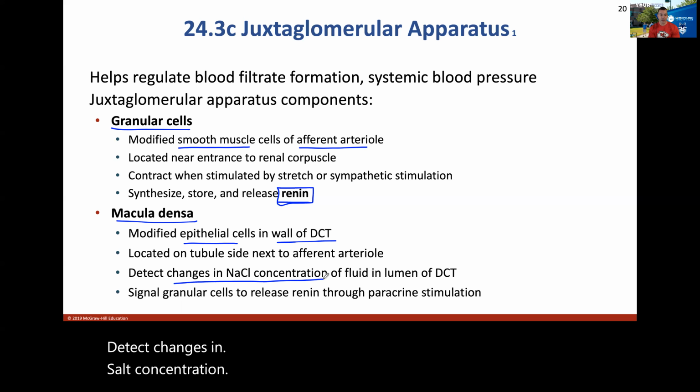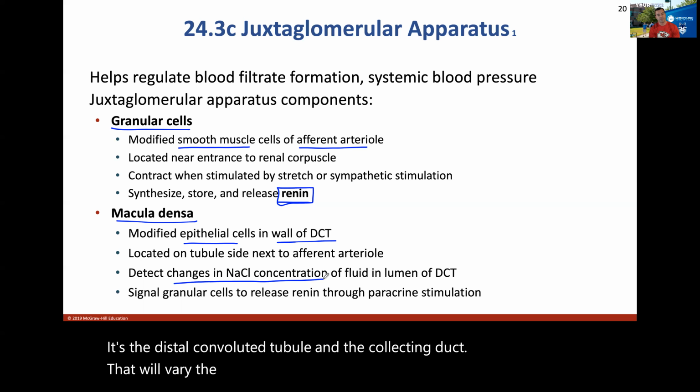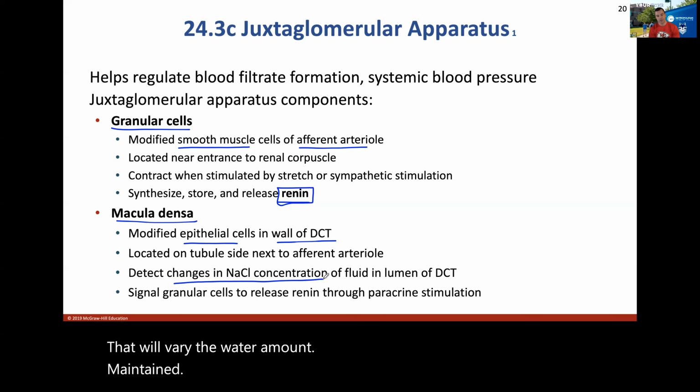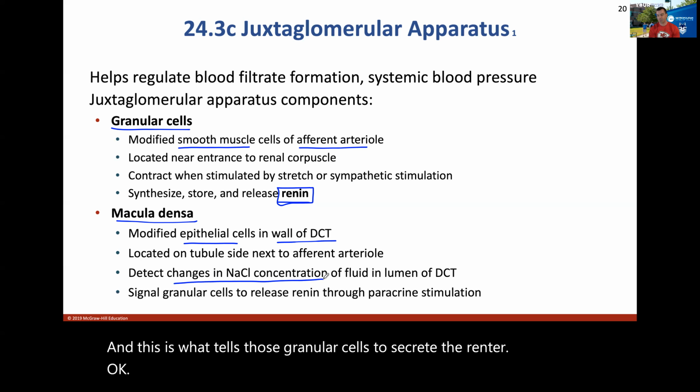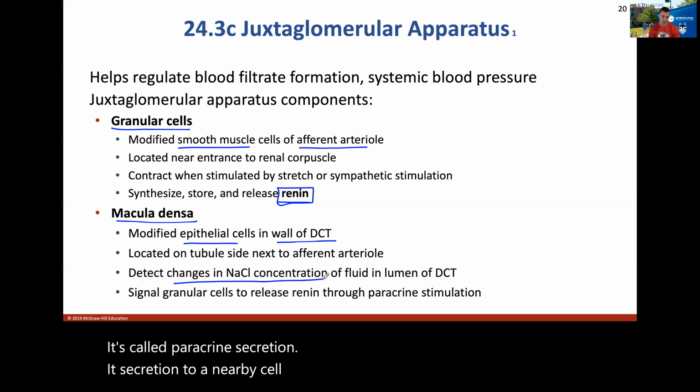They are going to help with water levels. If I have too much salt or too little salt, it's the distal convoluted tubule and the collecting duct that will vary the water amount maintained within the urine. And this is what tells those granular cells to secrete the renin. It's called paracrine secretion. It's secretion to a nearby cell. That's all that means.